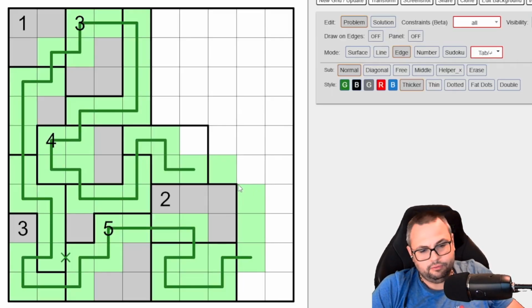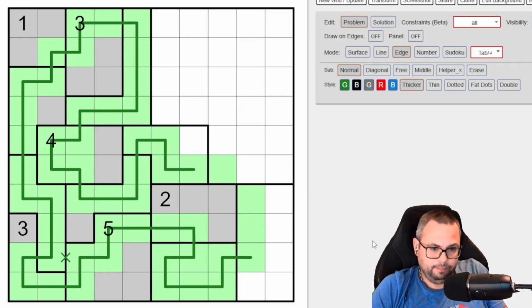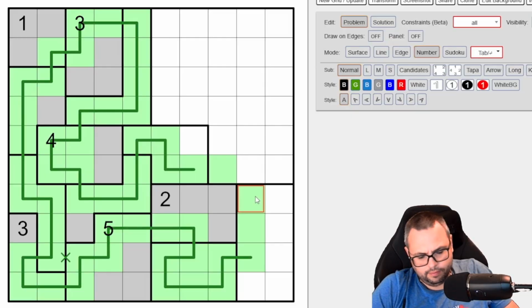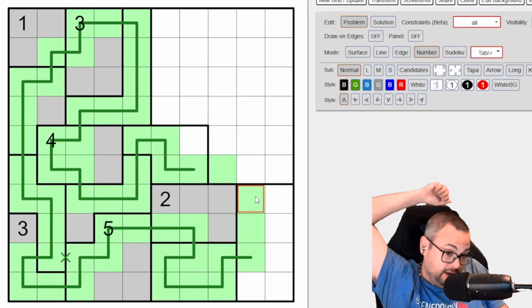Could just make a big country like this. To make this a 3. Or even a 4, right? A 4 is just as good almost as a 3.